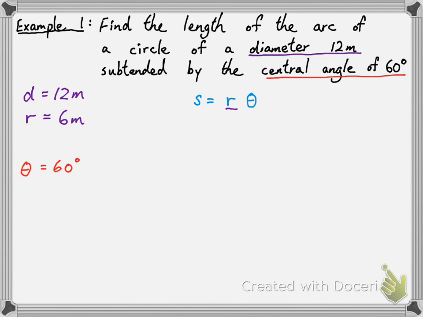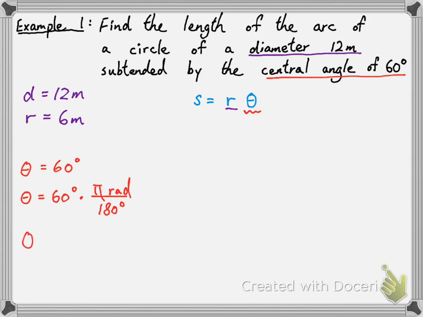In order to use this formula, theta must be in radians. However, in this example, the angle is given in degrees, so we need to convert 60 degrees to radians, which we do by multiplying by pi radians over 180 degrees.